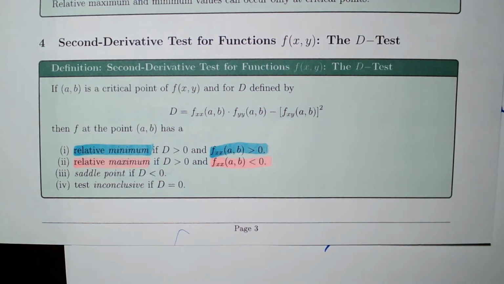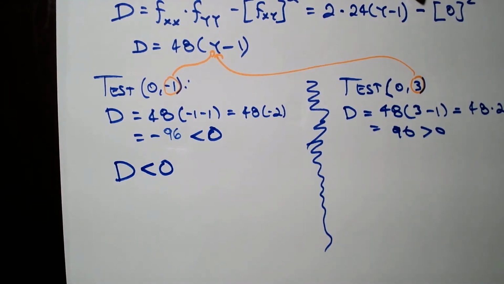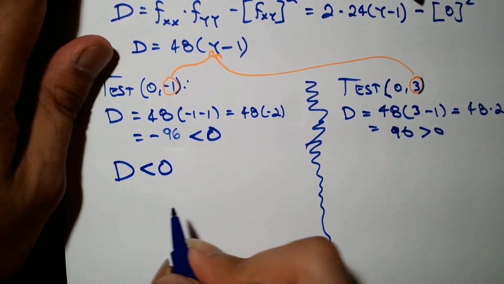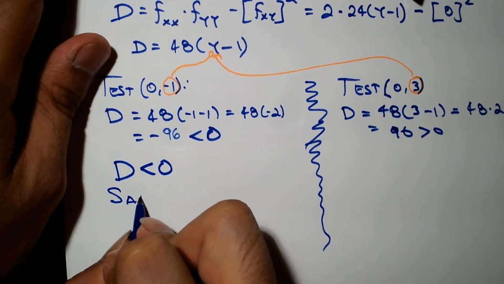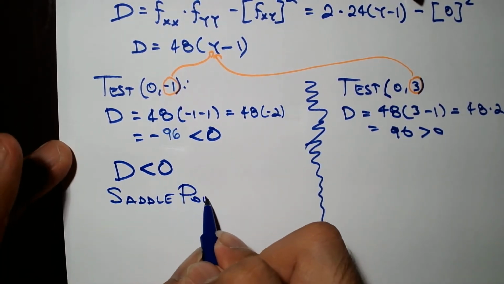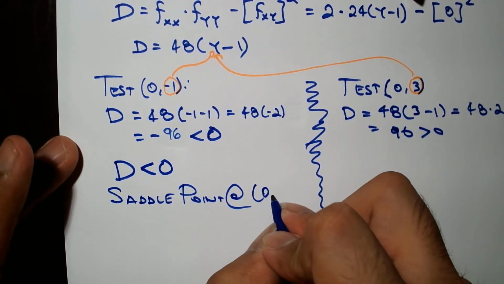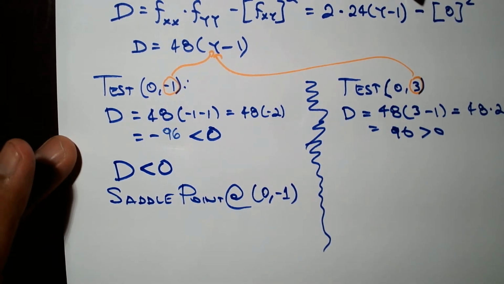It's a minimum point. So saddle point at the point 0, negative 1.